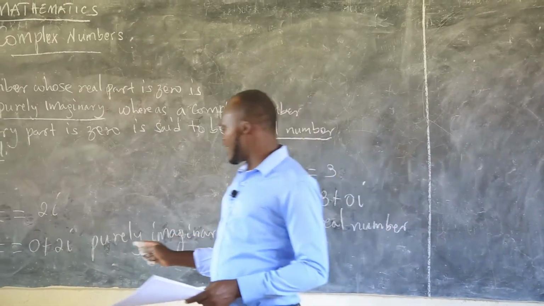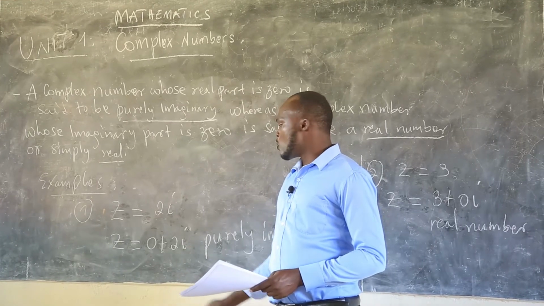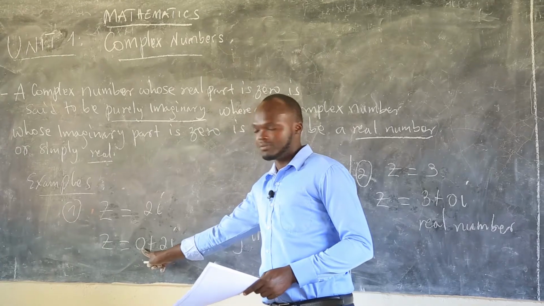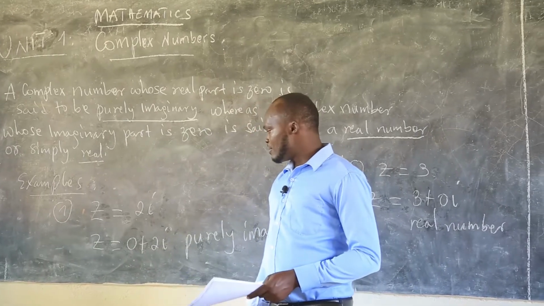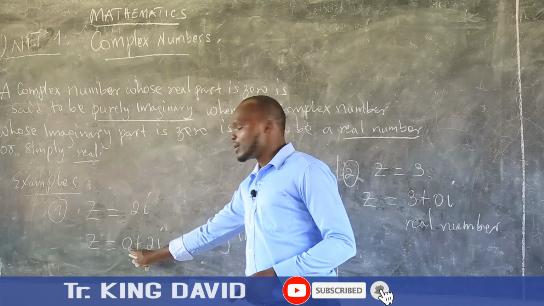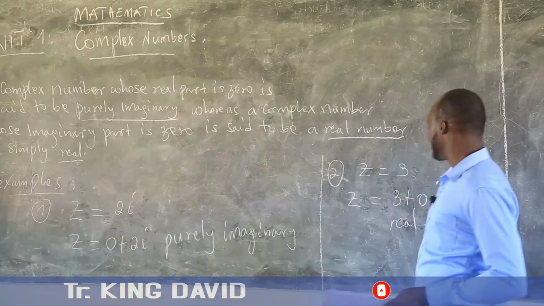A complex number is a pure imaginary number when its real part is 0. I hope you're getting that one.